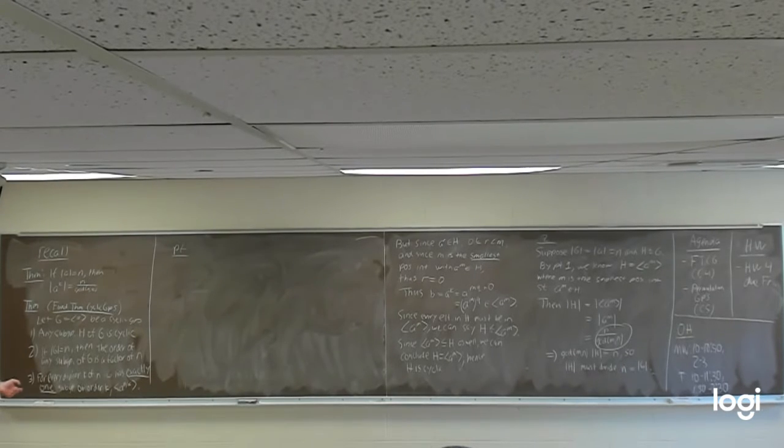We first need to show that the group generated by a to the n over k is a subgroup of order k, so it's sort of an existence proof. We also need to show uniqueness, that any other subgroup of order k has to be equal to this thing.